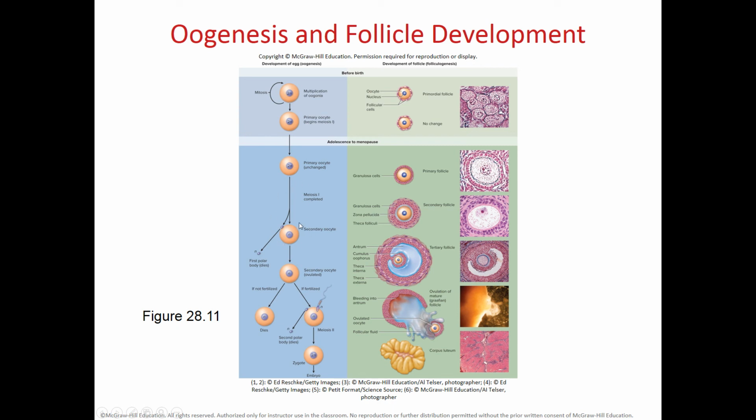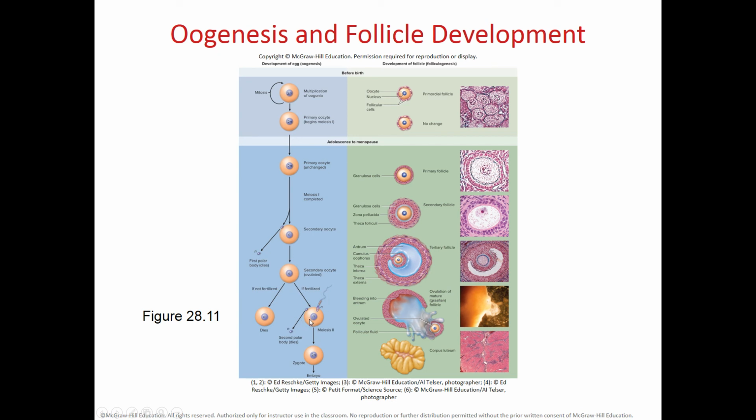And then these secondary oocytes will continue, and then they will become ovulated. Now, you also form a secondary structure that is called the first polar body. This will die because it doesn't have the chromosomes. And then this secondary oocyte is going to be arrested with its chromosomes in metaphase II of meiosis II.